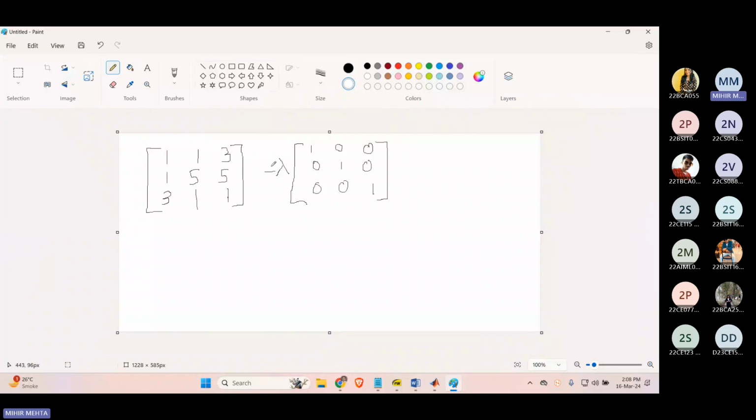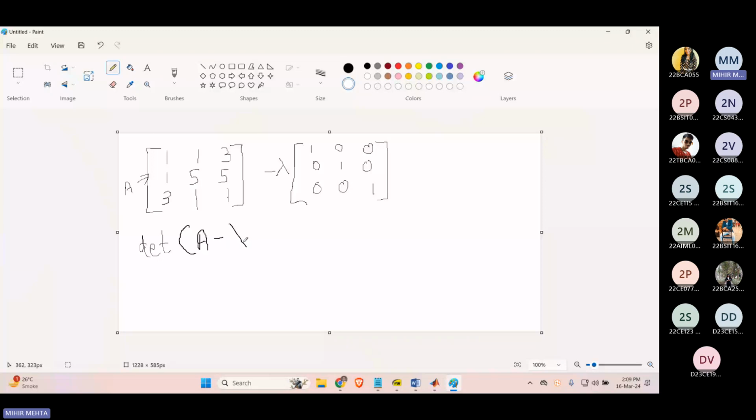So basically the formula is, if I name this particular matrix as A, I have the determinant of A minus lambda I, and this is equal to 0.